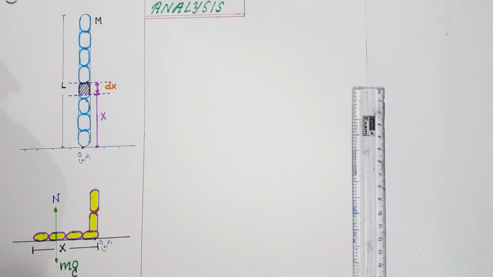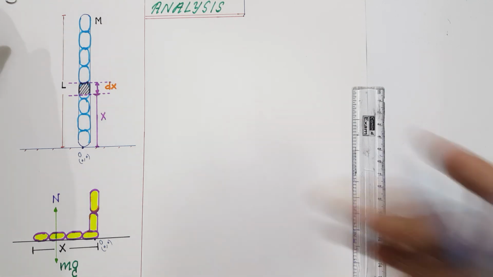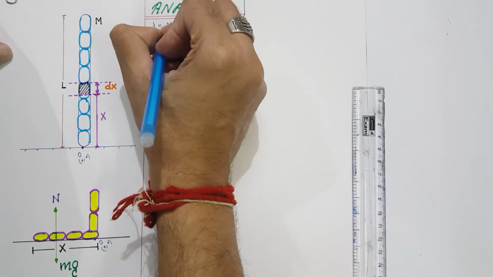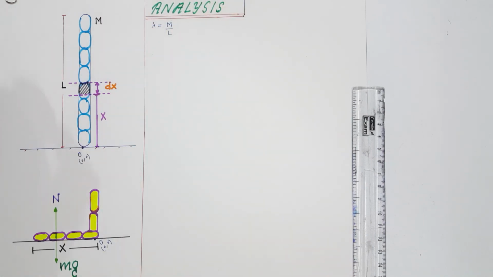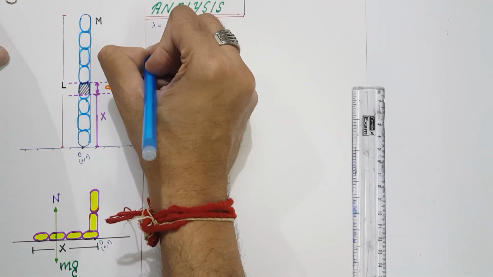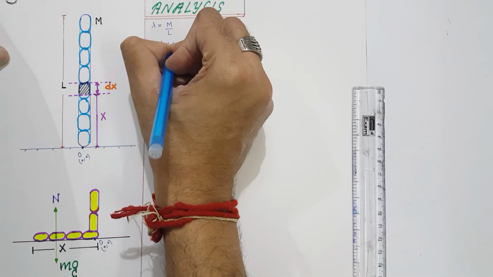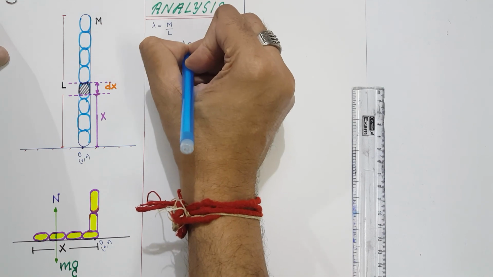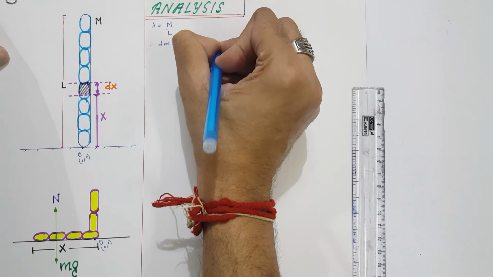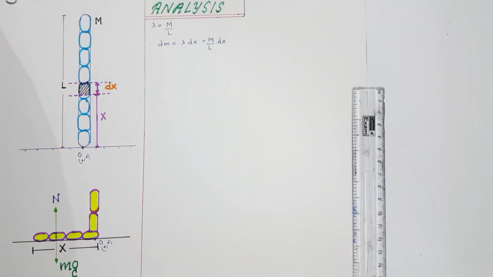Total mass is capital M. So the chain has uniform density, and the line density of mass, I can write, lambda is M by L. So the mass of this small element, dm, is lambda times dx, which is M by L multiplied by dx.